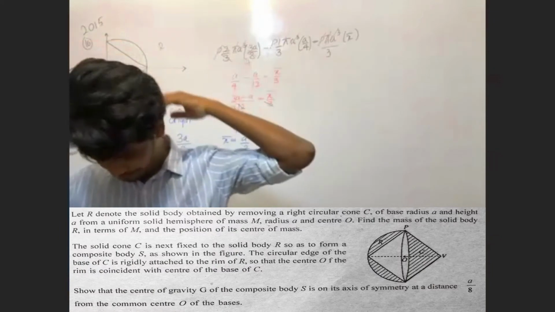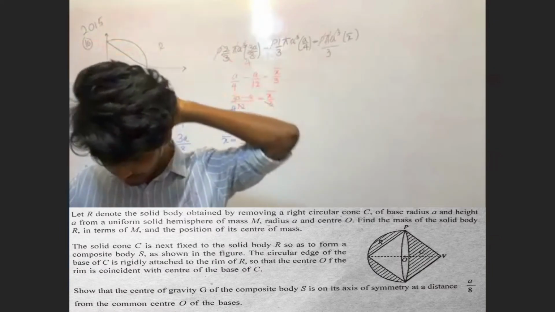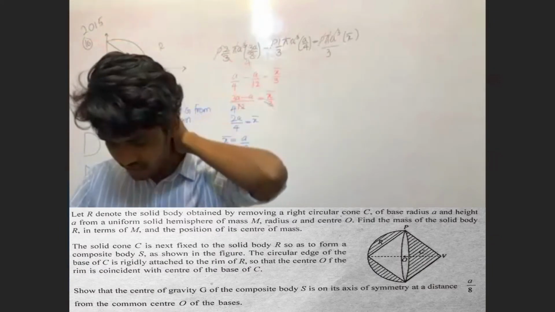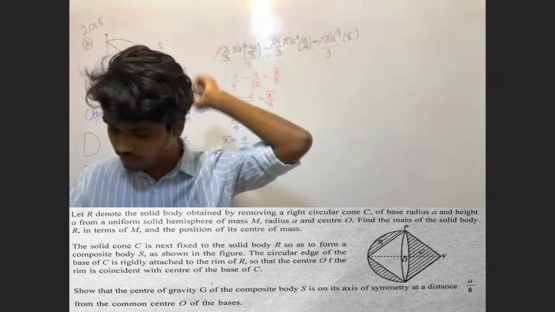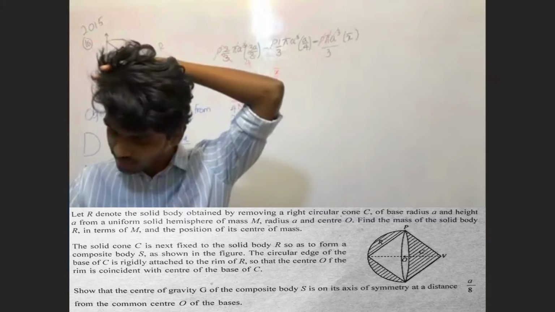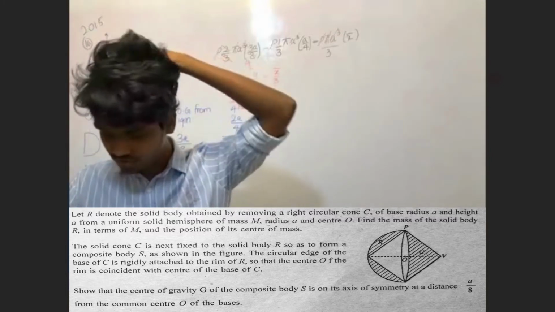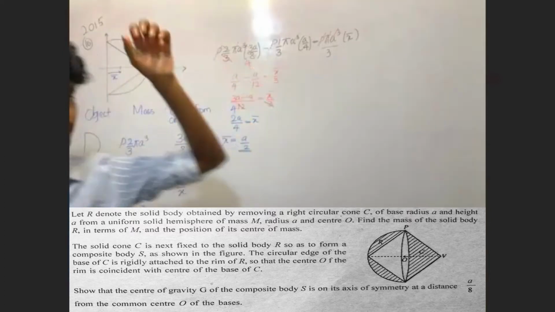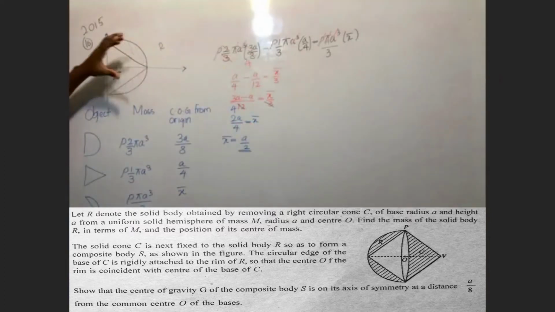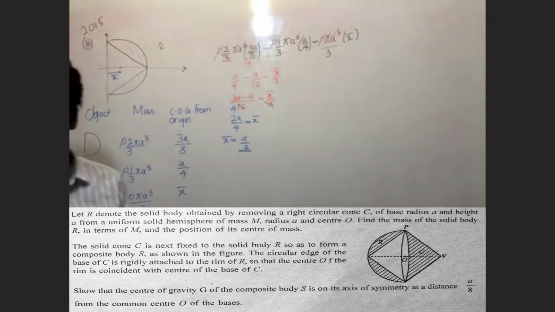So let's say once again, the solid cone C is next fixed to the solid body R. So what is R? This is R. For R, the removed solid cone is fixed as shown in the figure.